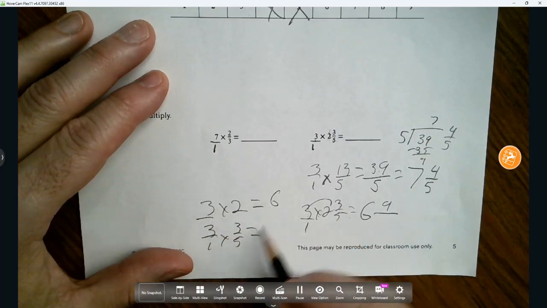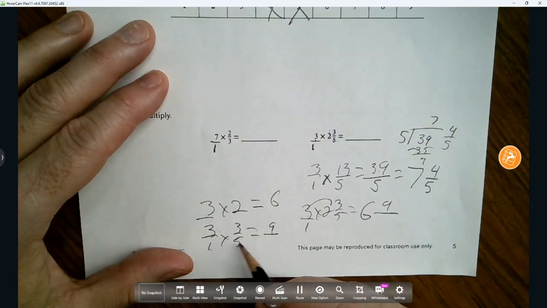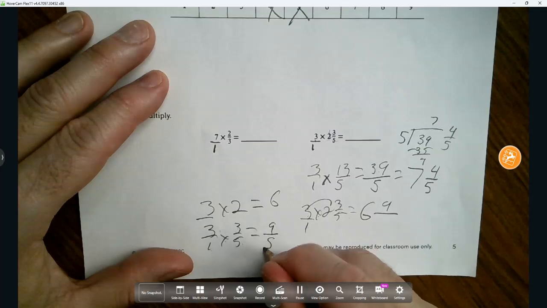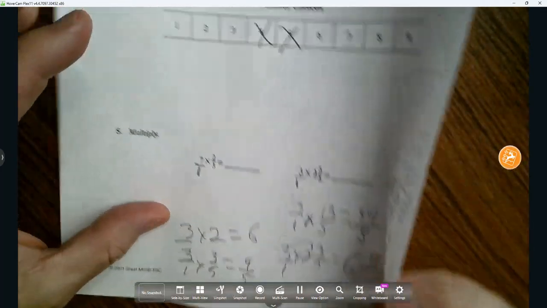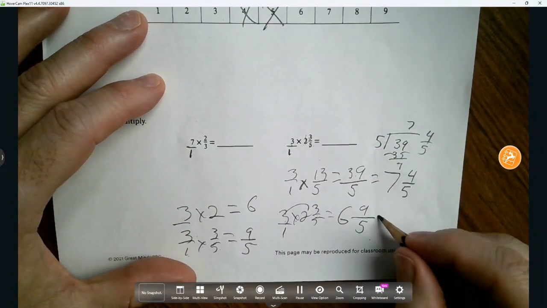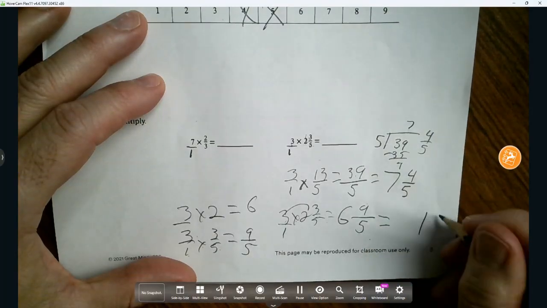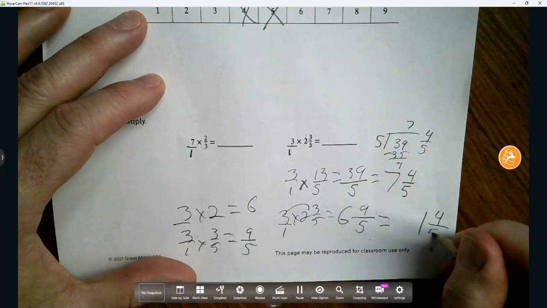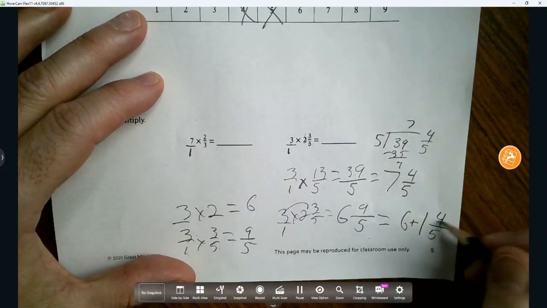So we'd have 6, and then we have 3 times 3 is 9. 1 times 5 is 5. But we can't have, I want to run out of paper here. We can't have 6 and 9/5. So how many times does 5 go into 9? Well, that goes in there one more time with 4 left over, right? 4 over 5 plus the 6. So look at that. 6 plus 1 equals what?